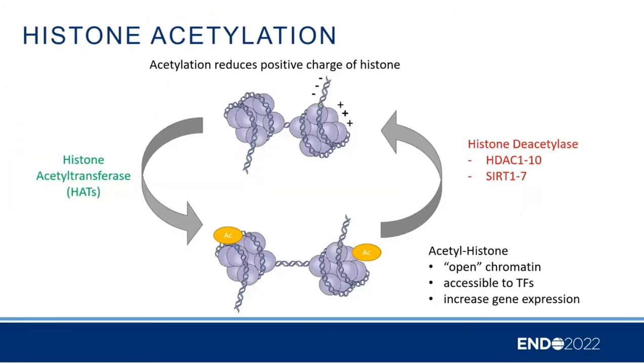For example, you could have histone acetylation. Acetylation reduces the positive charge of histones, weakening their interaction with the negatively charged DNA. And so histone acetylation usually leads to a more open chromatin structure, increased accessibility to transcription factors, and therefore an increase in gene expression.